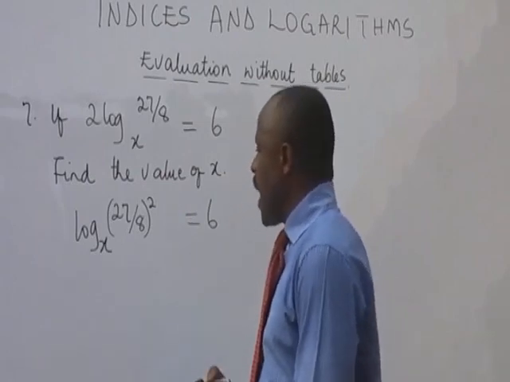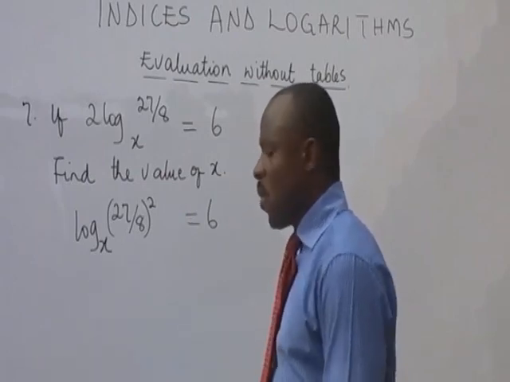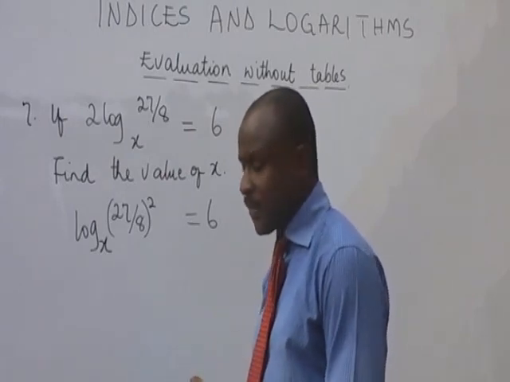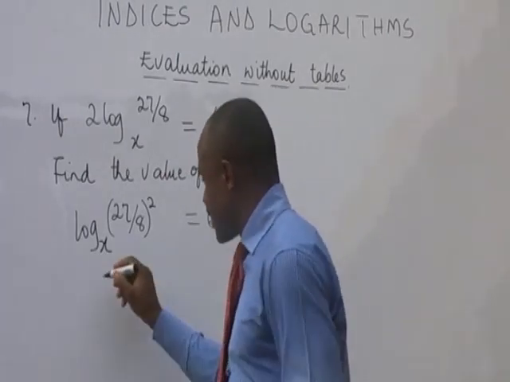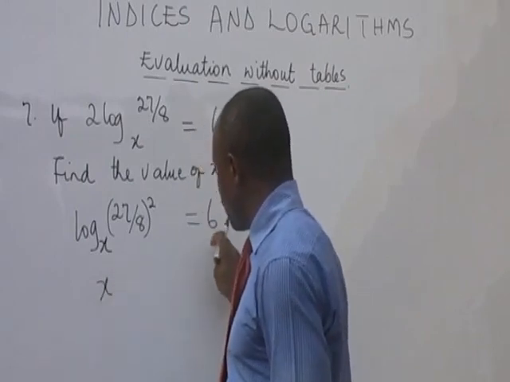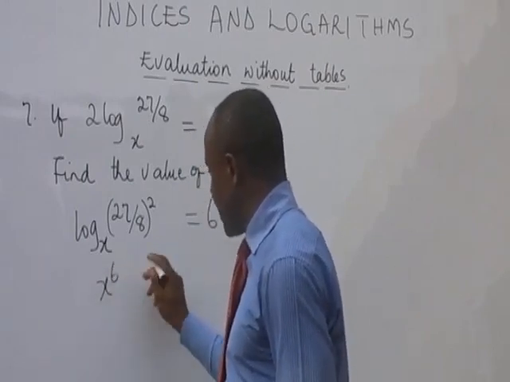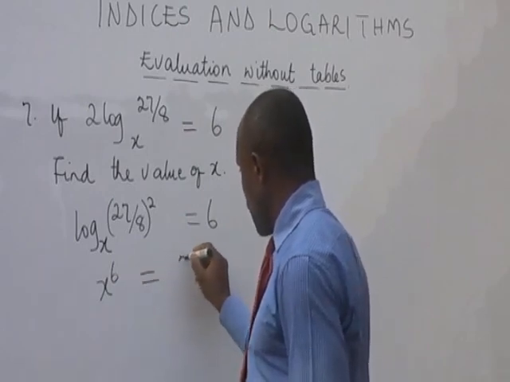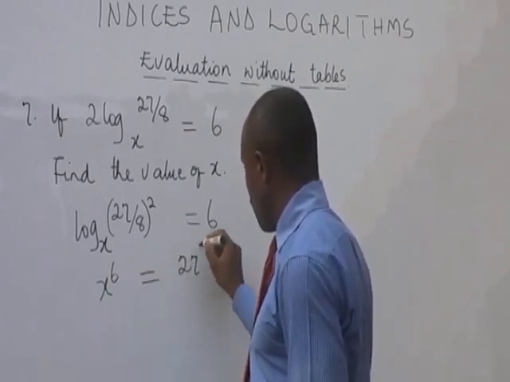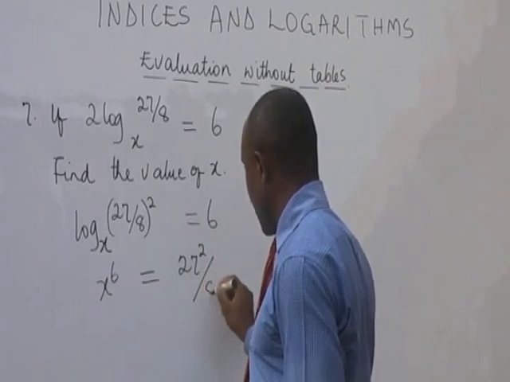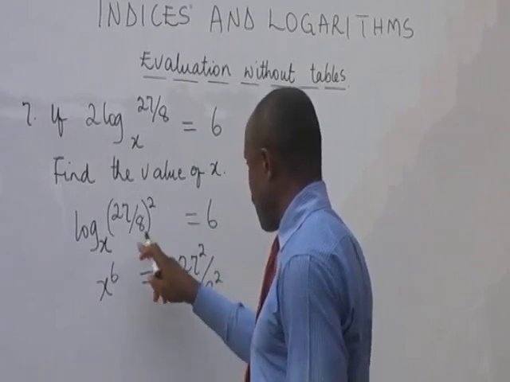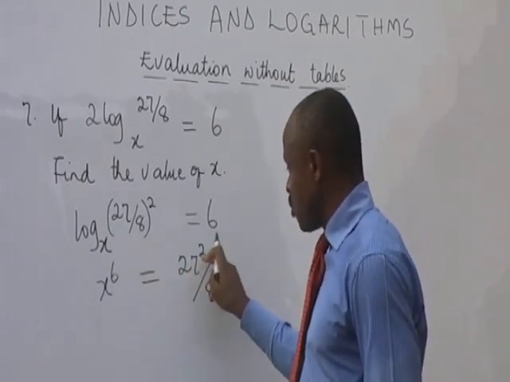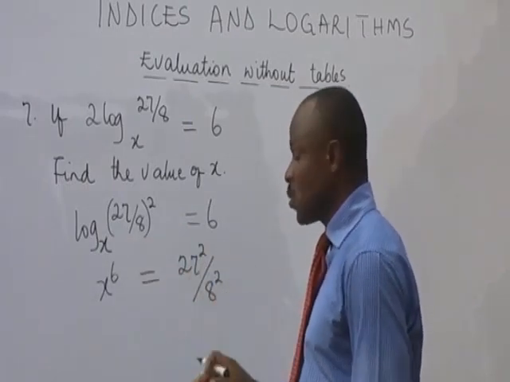Now, if you also apply what I gave you as an assumed fourth law of logarithms, you discover that x raised to the exponent of 6 is going to give you 27 squared all over 8 squared. Remember, what this means if you remove bracket is 27 squared divided by 8 squared.